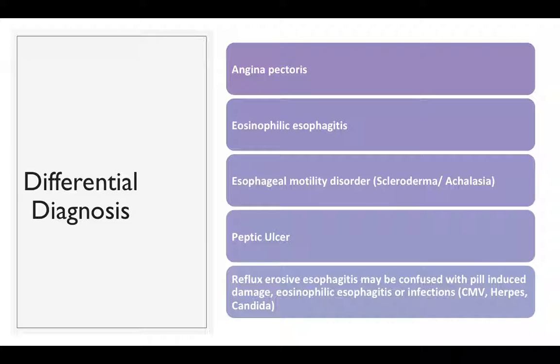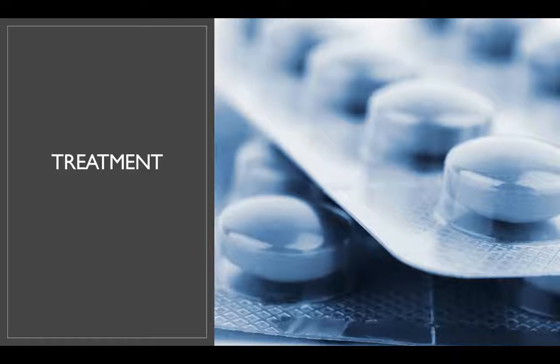Peptic ulcer and reflux erosive esophagitis may be confused with pill-induced damage, eosinophilic esophagitis, or infections like cytomegalovirus, herpes and candida. So these are the options for differential diagnosis, and then we'll come to the final diagnosis after endoscopy and after 24-hour pH monitoring if it's really indicated.